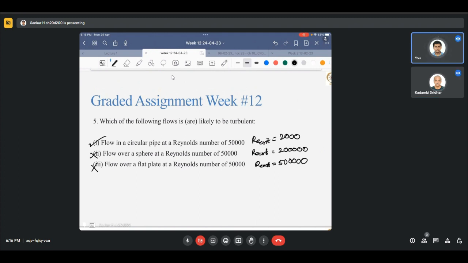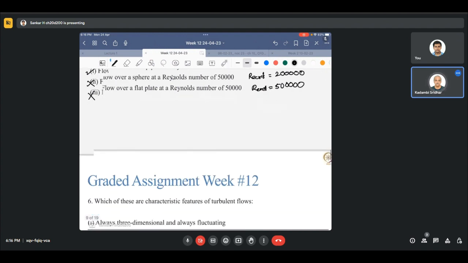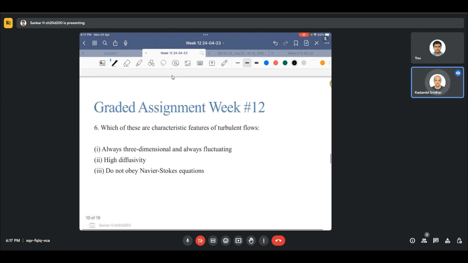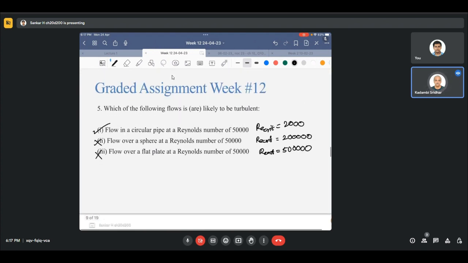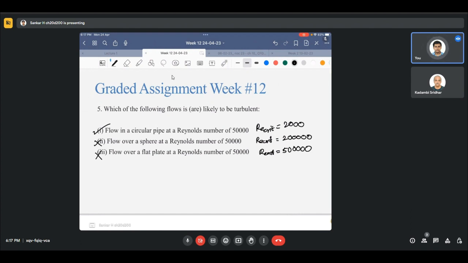Yeah. So moving on to question number 7, which of the following statements is true about the turbulence closure problem? It arises only when we time average the governing equation. It arises when we do direct numerical simulation of turbulence, and it arises because there are too many equations and too few variables.